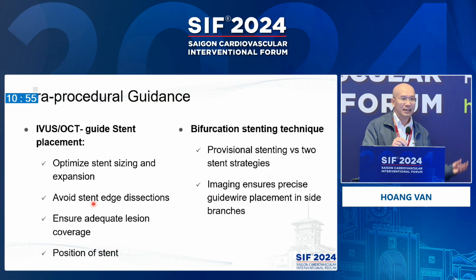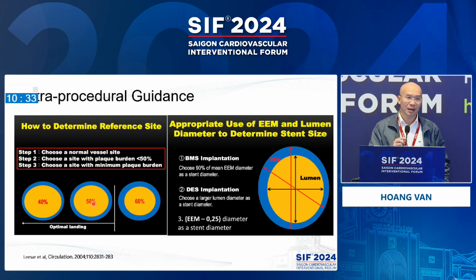One more benefit is that we use imaging to ensure procedural guidance. In procedural guidance, imaging can help us determine three points. Point one, imaging can show us where the landing zone is good. A good landing zone is defined as plaque burden less than 50%.